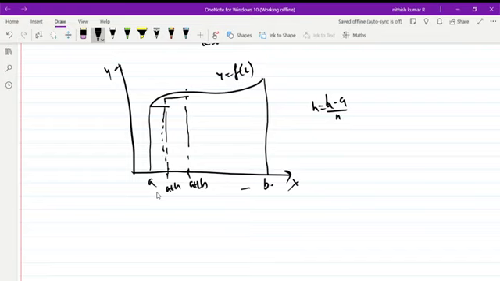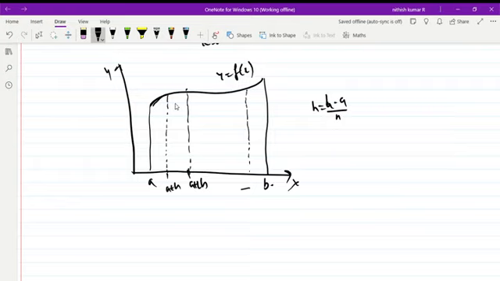Okay, sorry, small correction. Previously we considered the height using f of a plus h, but in this case, find the height as the lowest value between a and a plus h.